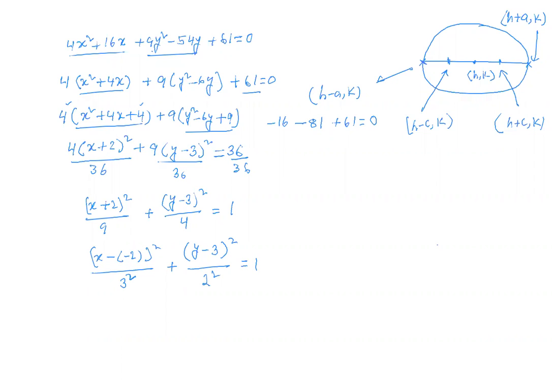This is the general structure for an ellipse, which is (x minus h) whole square over a square plus (y minus k) whole square over b square is equal to 1, assuming that a is greater than b. If a is greater than b, it's going to be like this one. If a is less than b, it's going to be like this.